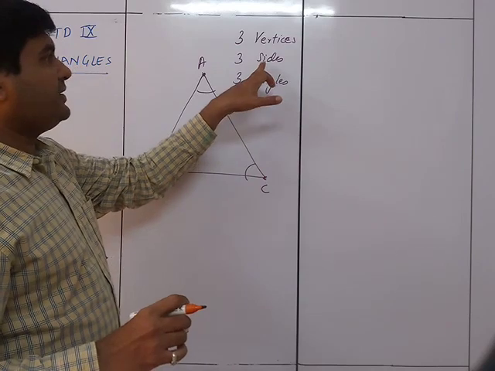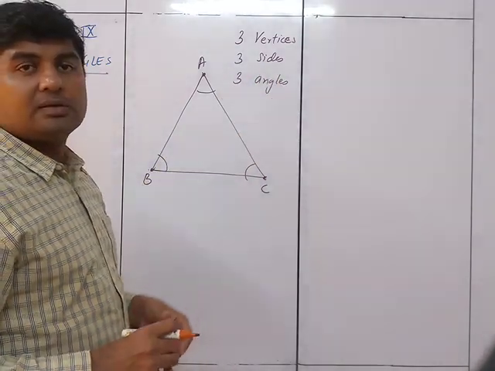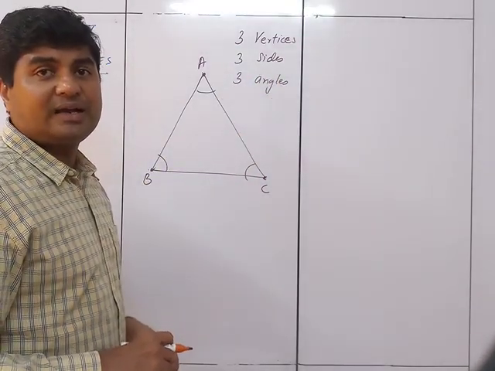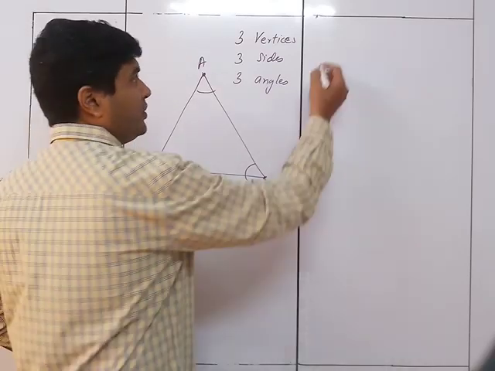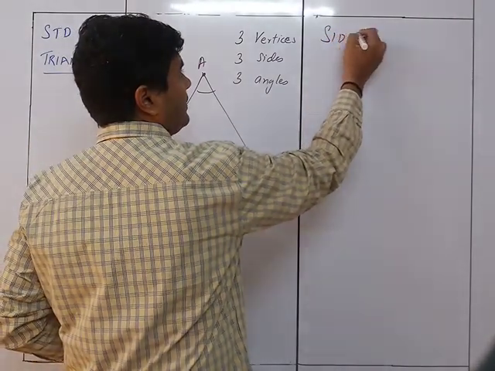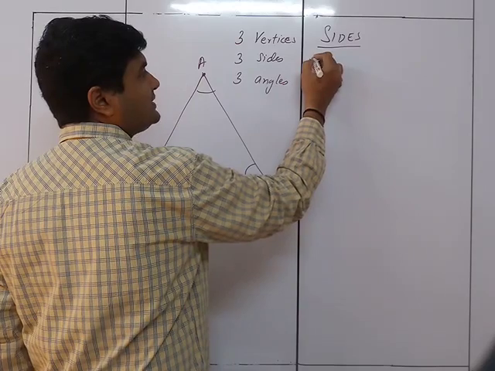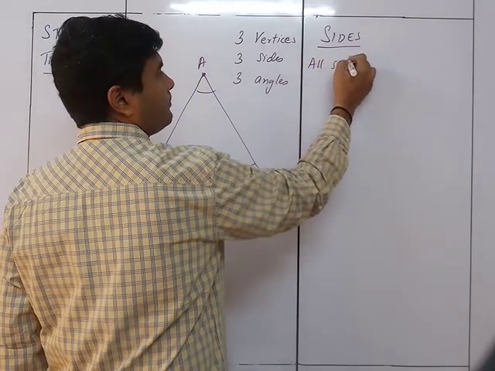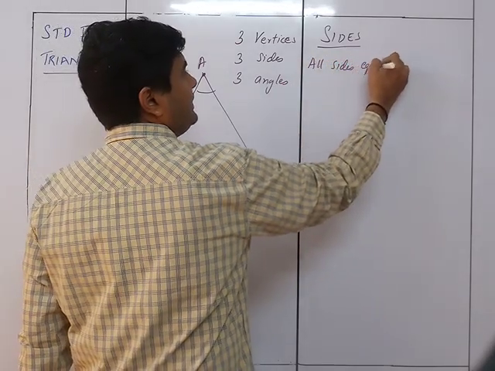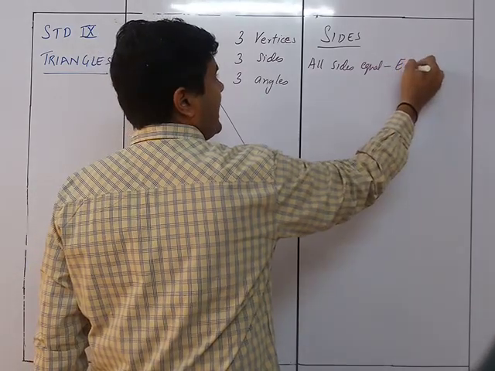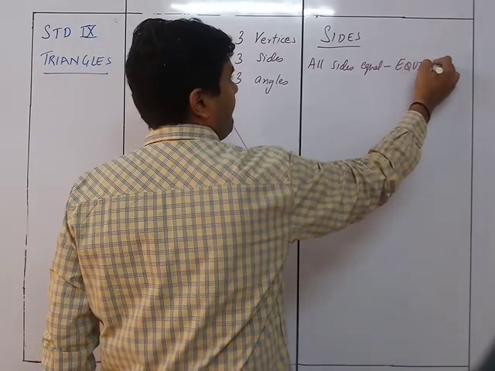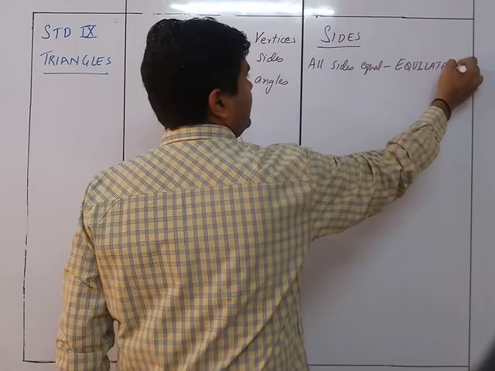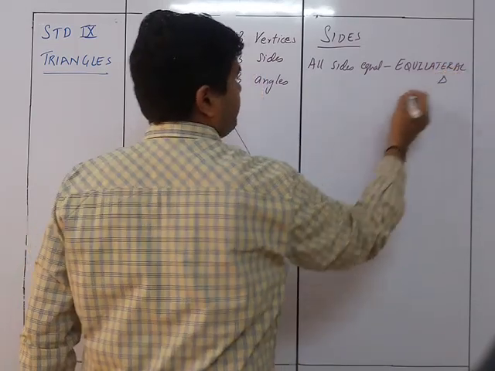Based on the sides and the angles, the triangles are classified as, first of all, in case of sides, we see that if all sides are equal, then it is called an equilateral triangle.